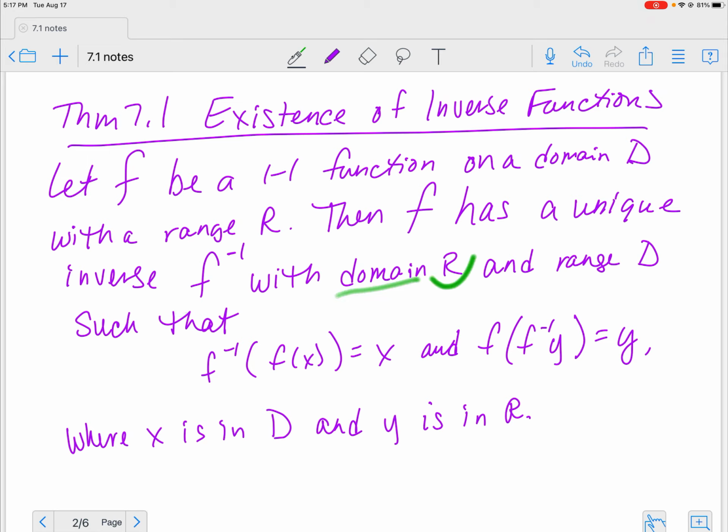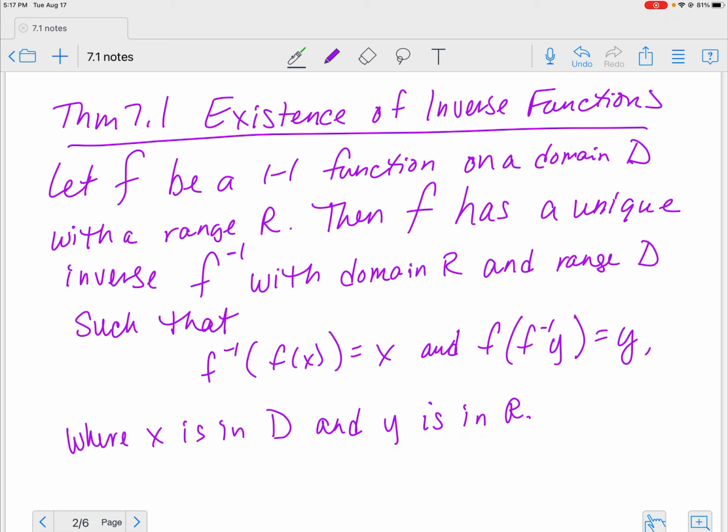So my domain now becomes these values that I've swapped out. My range now becomes these values that we've swapped out, such that your f of x and your inverse, when you plug that in, those cancel out and I'm just left with that value. Same thing, f of f inverse cancels out and I'm just left with that value, where x is in D and y is in R.